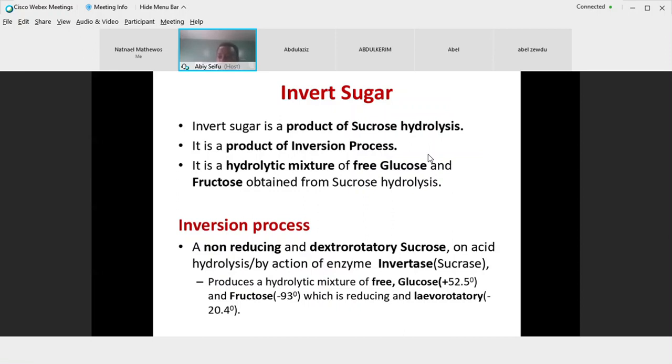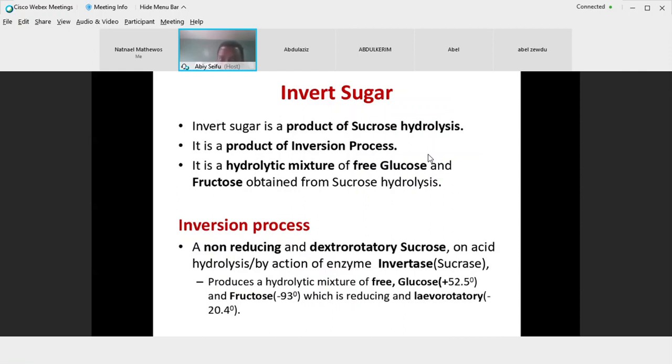Then the overall effect will be what? It's levorotatory. Initially the compound is dextrorotatory, and after hydrolysis it becomes levorotatory. That's why sucrose is named an invert sugar.